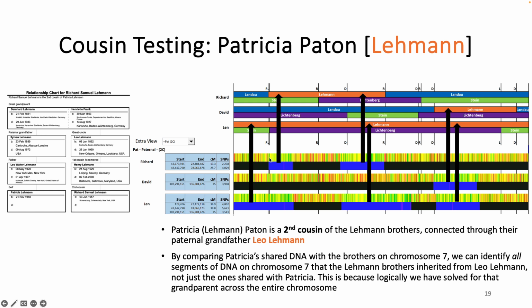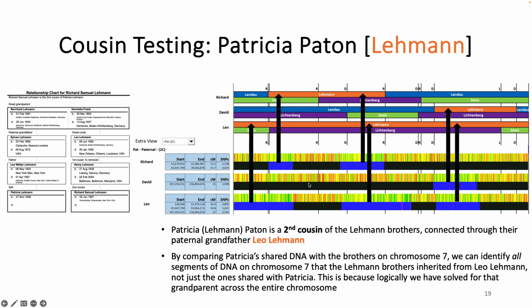So we know right at this point where it's switching from blue to black, this is a point where Richard has seen a recombination point on his paternal chromosome. It's switching from his paternal grandmother Landau to his paternal grandfather Lehmann. And we can see it starkly, so clearly, by looking at how Pat compares to Richard and Len together in this spreadsheet.